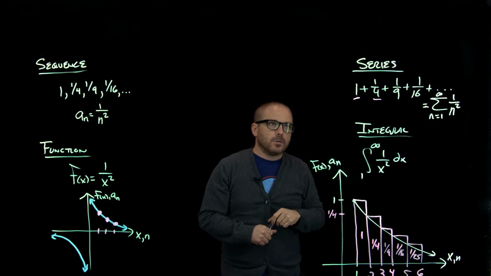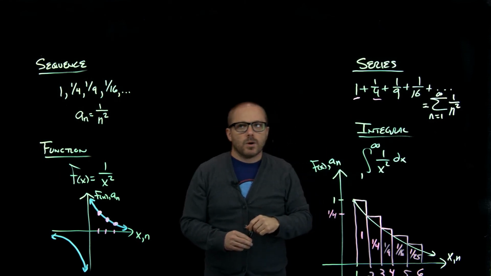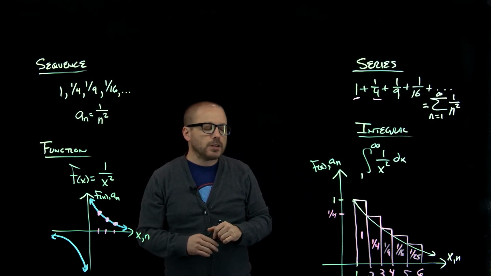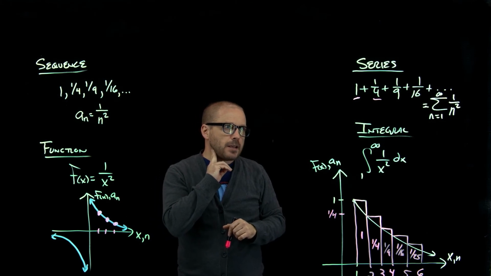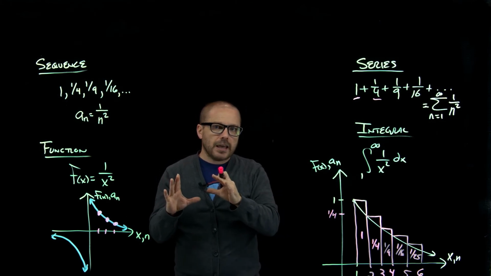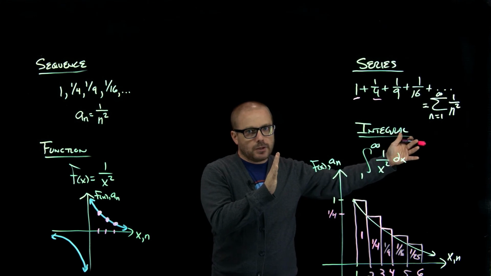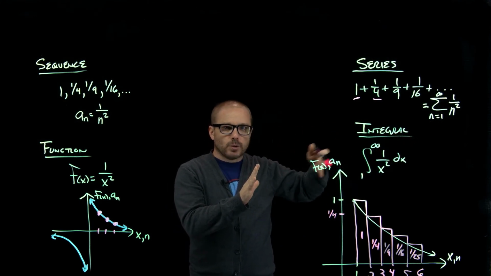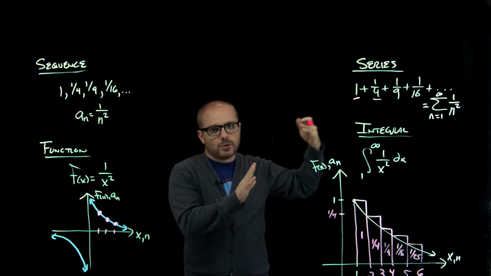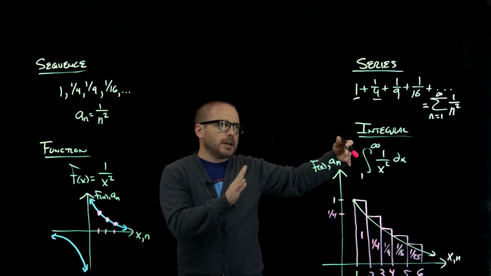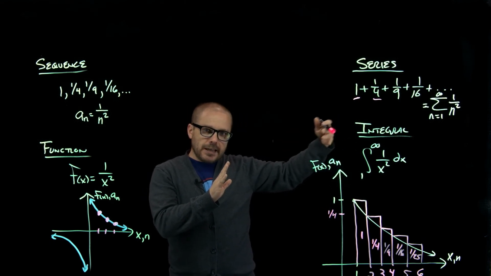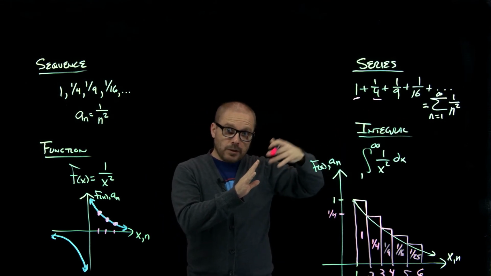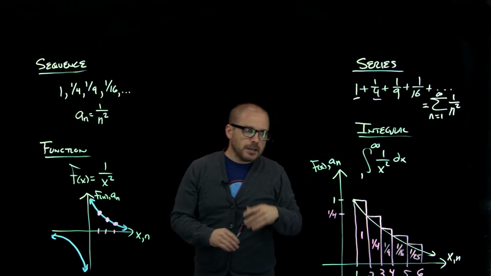Then we'll move on to Taylor series, which write a function as an infinitely long polynomial. If you think of a polynomial as terms, a constant term, a first-degree term, a second-degree term, a third-degree term, a Taylor series takes that on forever. So the polynomial has infinitely many terms.